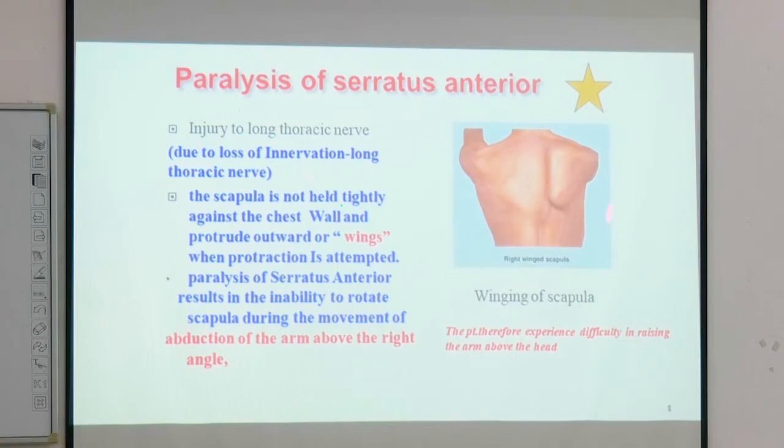So this is again the serratus anterior and winging of scapula, how this happens. That's the thing you have to figure out and reflect on. So these are the 3 entities involving injuries of the brachial plexus nerves that are important aspects you need to reflect on.